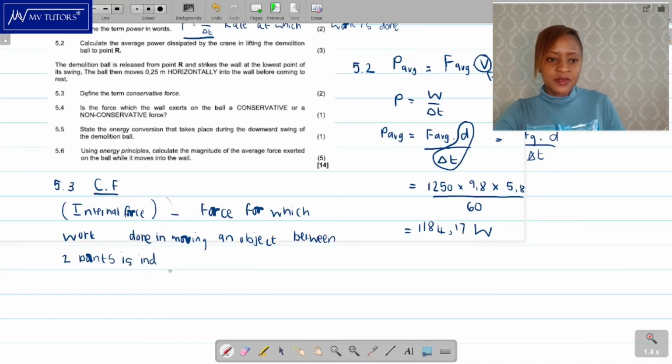So the conservative force is independent of the path taken.